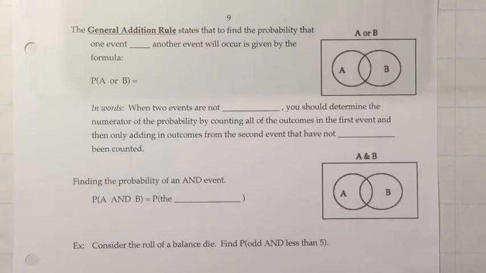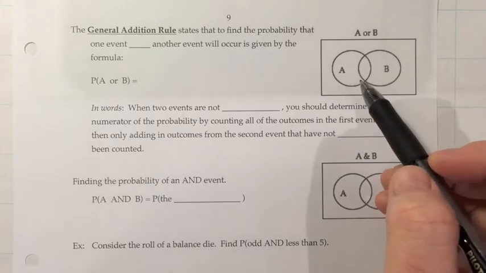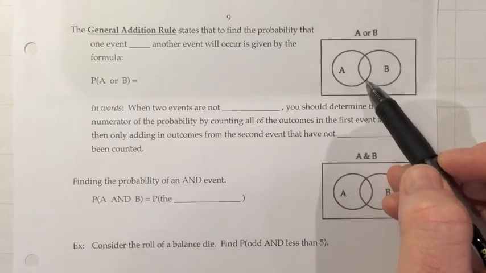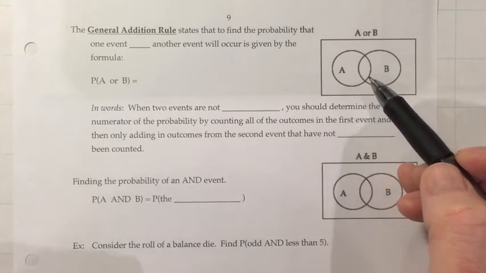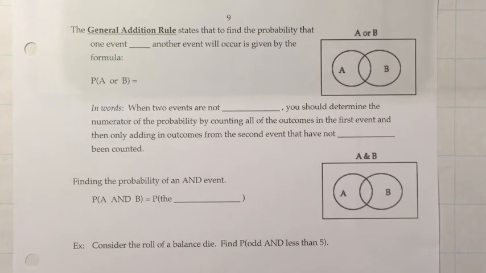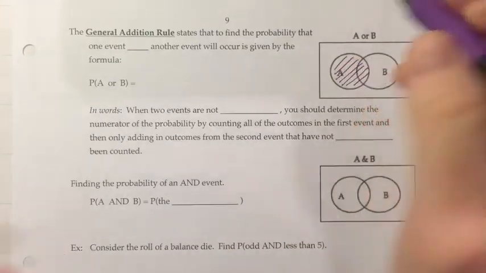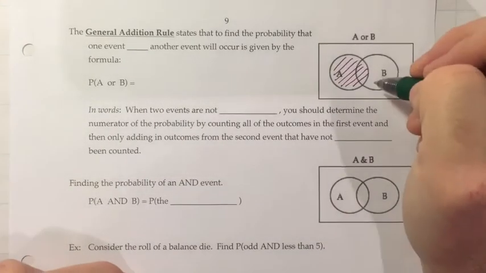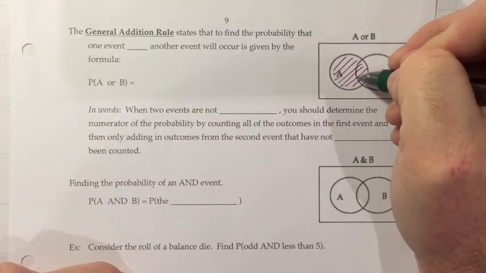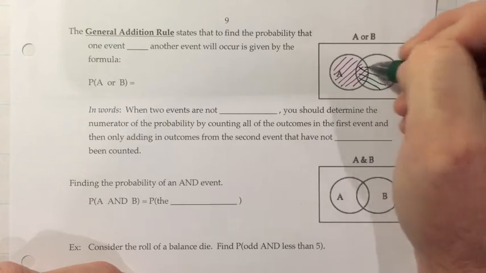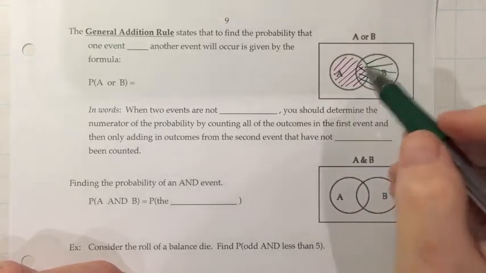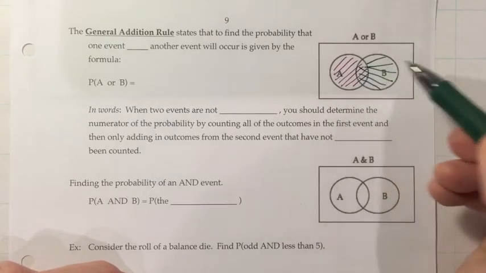All right, so we just saw that if things are disjoint, we can add the two probabilities separately, but you can get into trouble if you try to apply that rule when things are overlapping each other, when they do have outcomes in common. If you were to take all the things from A and add those up, and then you were to go back and add all the things from B, you would get everything you needed, but you would double count this overlap wedge.